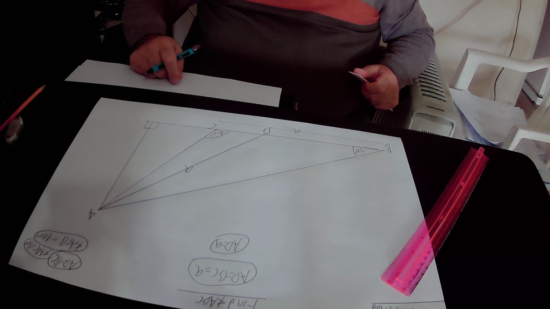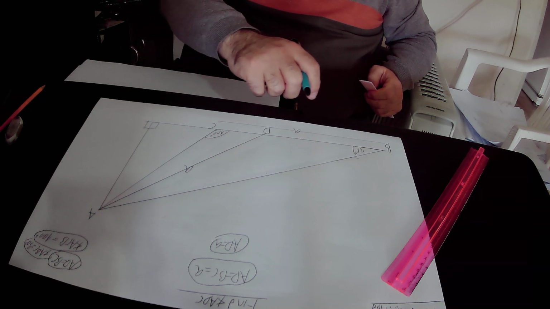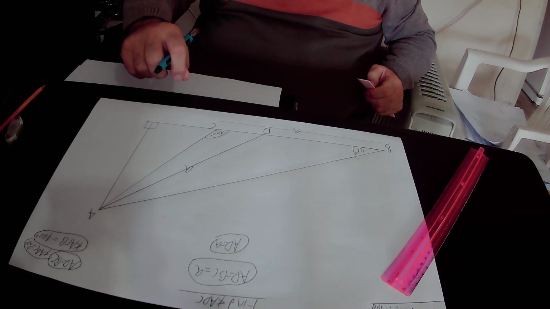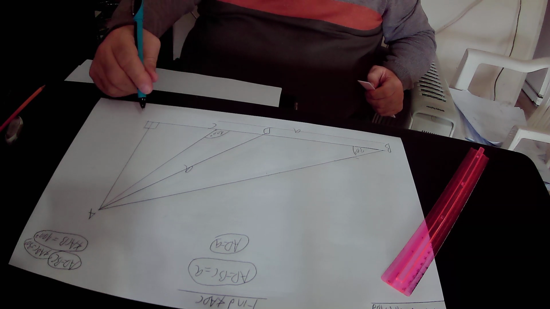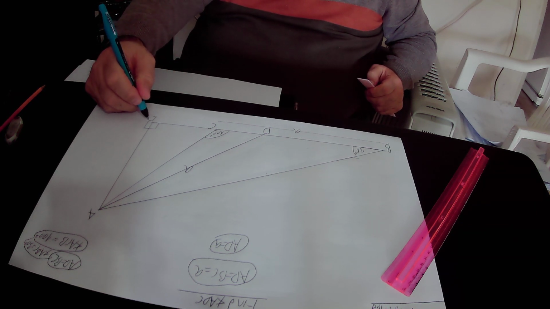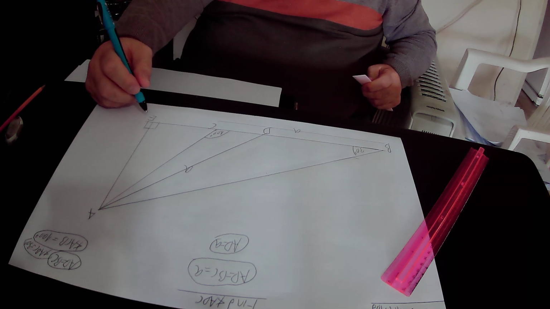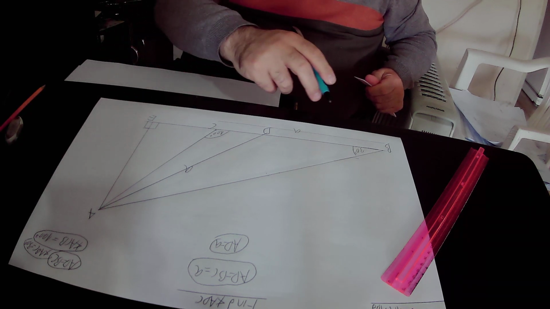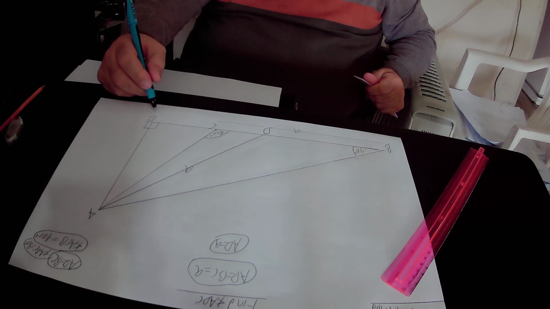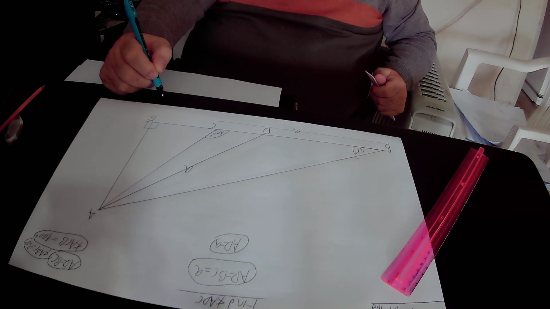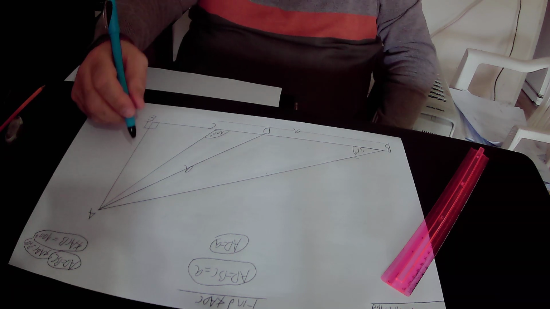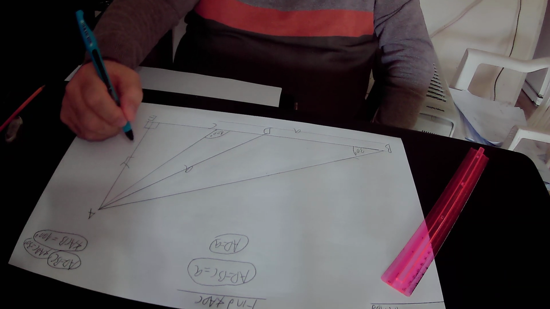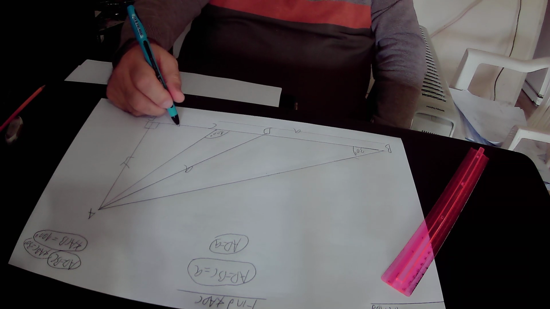We will define the intersection point between the extended BC and the perpendicular from point A as point E. In the next step, we will define side AE as Y, and side CE as X.